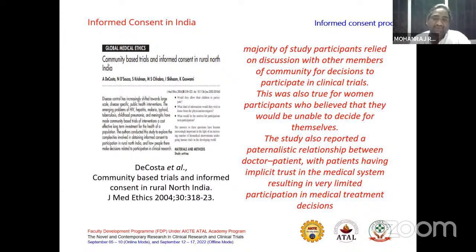the paternalistic relationship between the doctor and patient was very, very weak. It means none of the patients believed the medical system in which the study is performed would result in benefit to them. So these are the three findings in 2024 that we found in very particular rural North India.